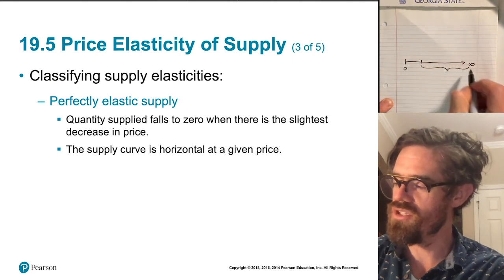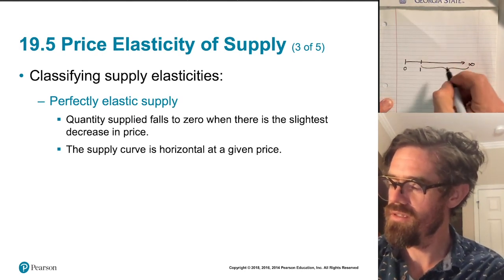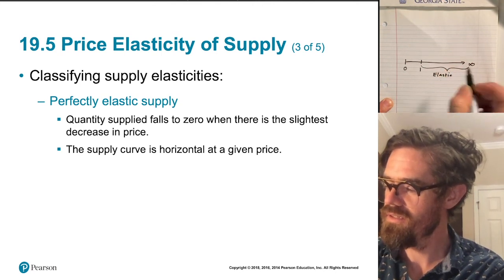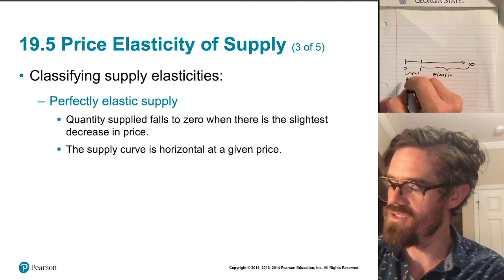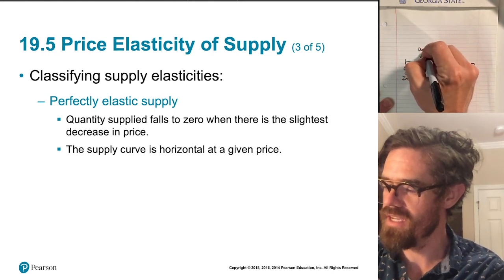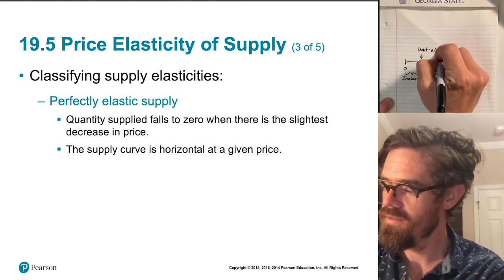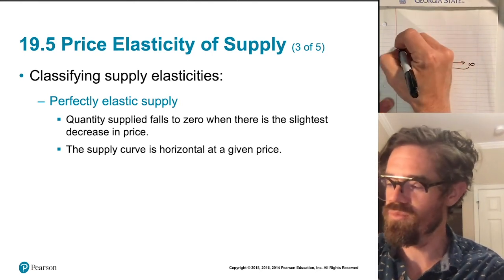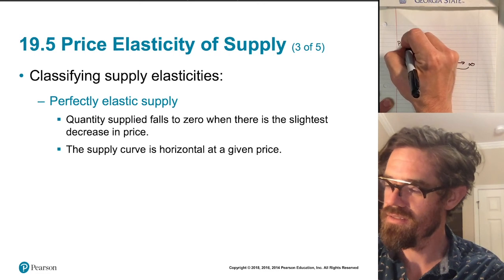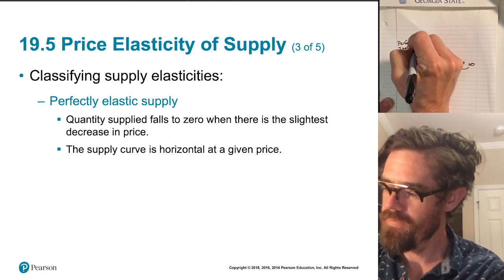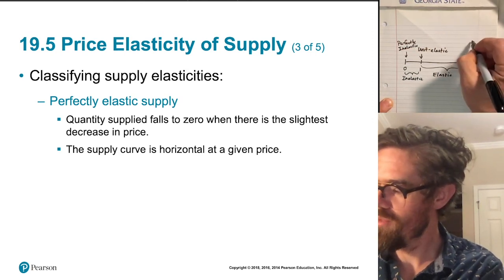So if it's in this region here, greater than 1, the supply is elastic. If it's in this region between 0 and 1, it's inelastic supply. We have unit elastic supply when it's exactly equal to 1. And then at our extreme ends of the spectrum, we have perfectly inelastic and perfectly elastic.